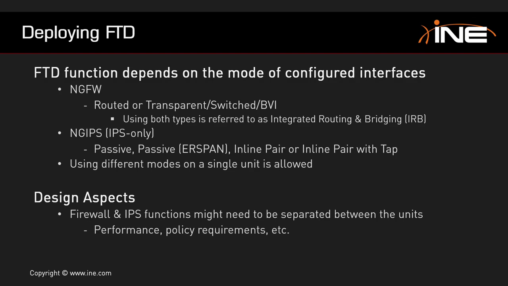So at the end of the day, it will depend on the design of the network and also on the performance requirements. Probably the best way when you plan the functional mode of the FTD is going to be to take a look at the datasheet and see if the throughput limits, inspection limits, match your requirements.